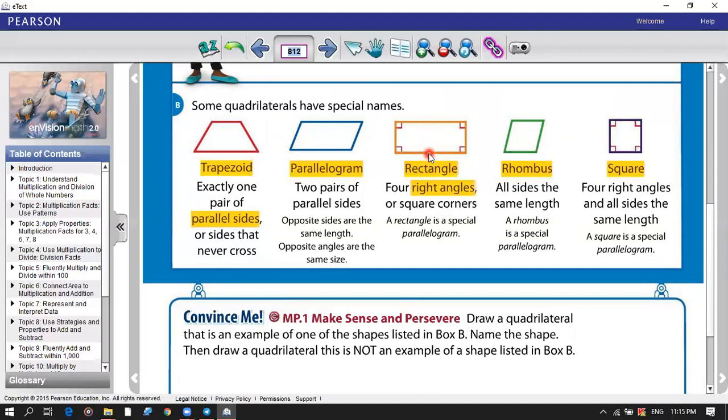Because these two sides are parallel and the other two sides are also parallel. So the rectangle is a parallelogram, but with right angles. Four right angles. Right angles means four square corners. The right angle is a square corner, like this small square corner. So the rectangle is a parallelogram with four right angles.